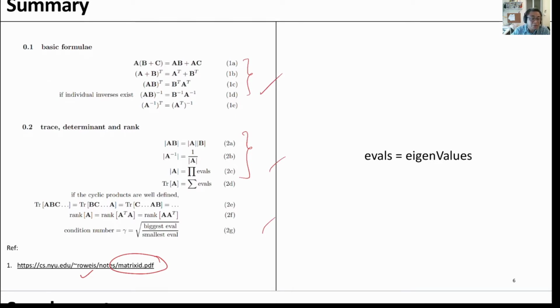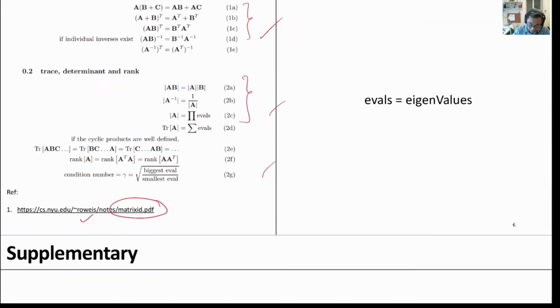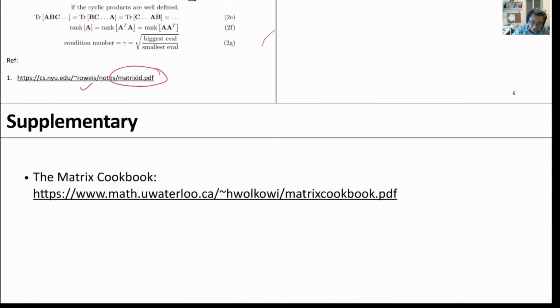Practicing engineers actually use many of these identities and look them up only when necessary. With that, you can have a look at this matrix cookbook, which has over 70 pages of identities.